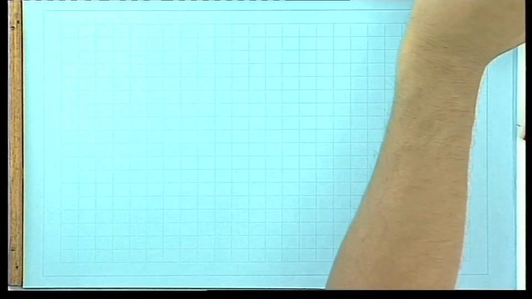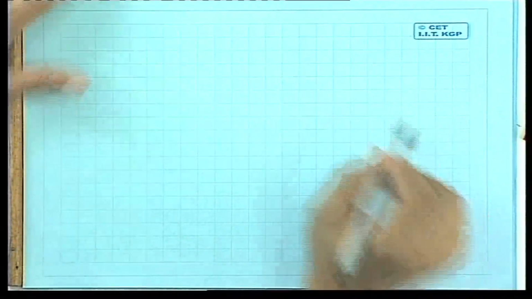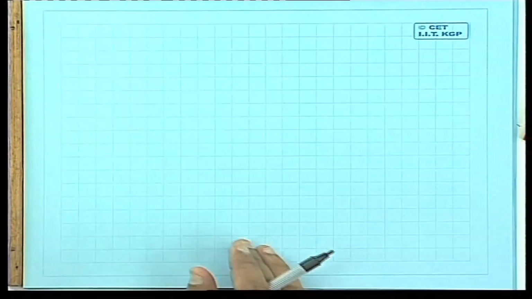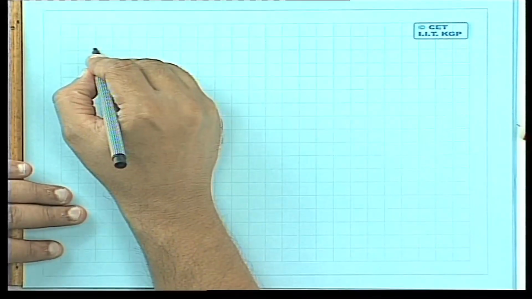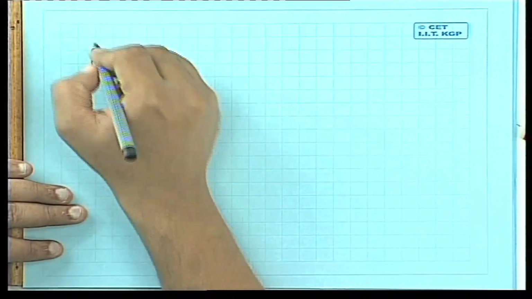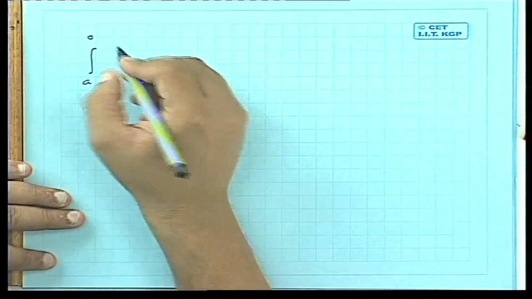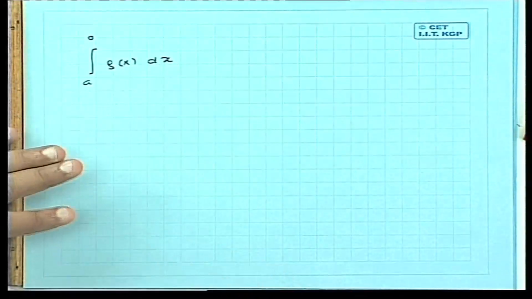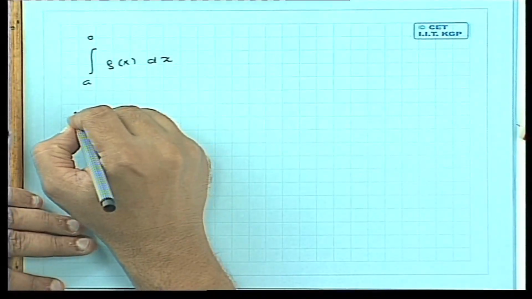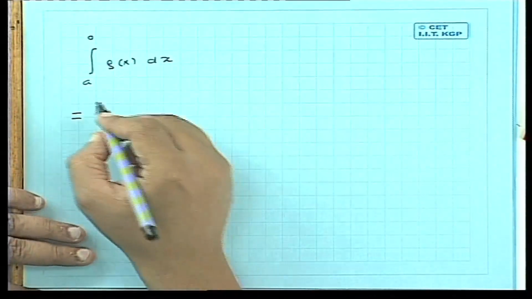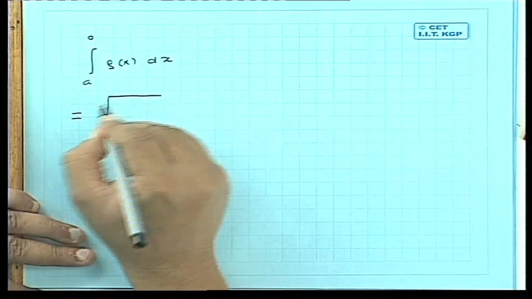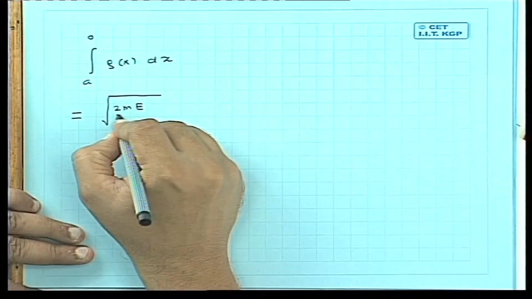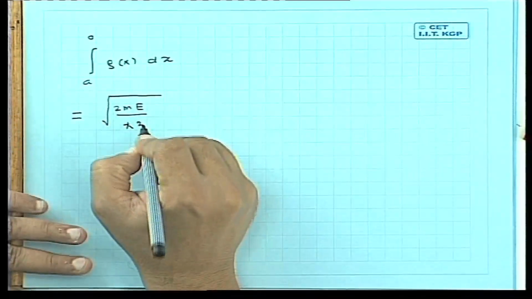So let us now use this in the integral which we were evaluating earlier. This is a side step. Using this, we find that the integral from A to 0 of rho x dx, which is the integral we are evaluating, turned out to be square root of 2me by h cross squared into a.